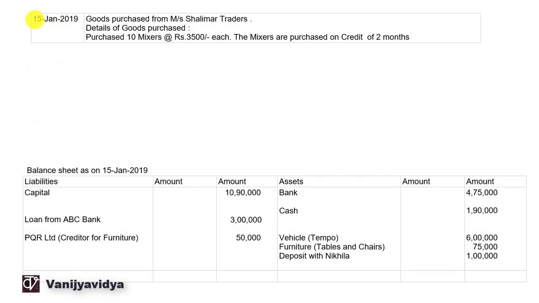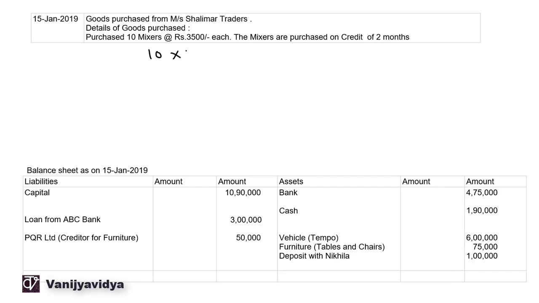Now the next transaction. 15 Jan 2019. Goods purchased from Mr. Shalimar Traders. Details of goods purchased are: purchased 10 mixers at rupees 3,500 each. The mixers are purchased on credit of 2 months. Now there are goods purchased. So how much is the worth of goods?